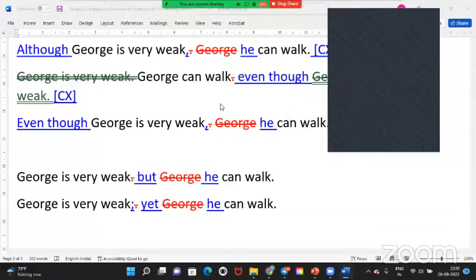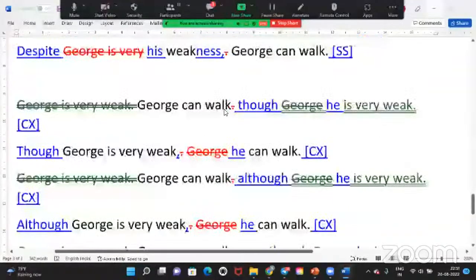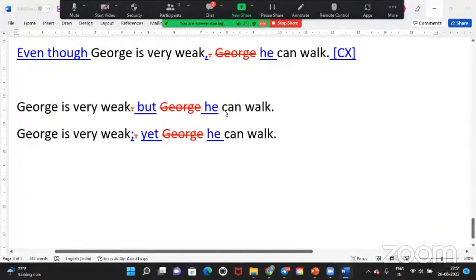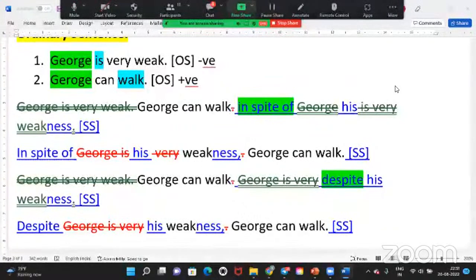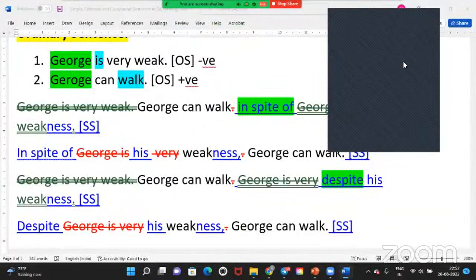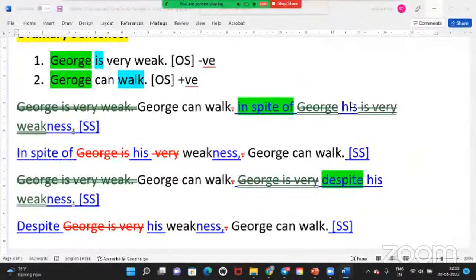So I will put this in the Telegram channel, don't worry, and I'll send it to you also. So these are the different varieties of writing.